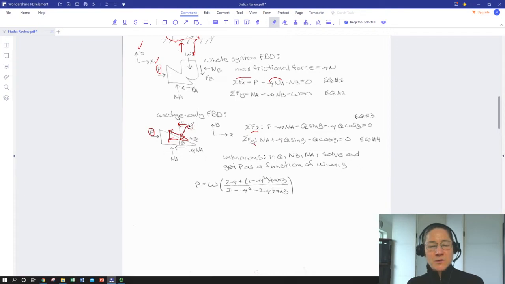That's just Q, not mu Q. Okay, so that's the X tally, and more importantly, we've added one more equation, but we've added another unknown. So as of this equation, we're 1 for 1.